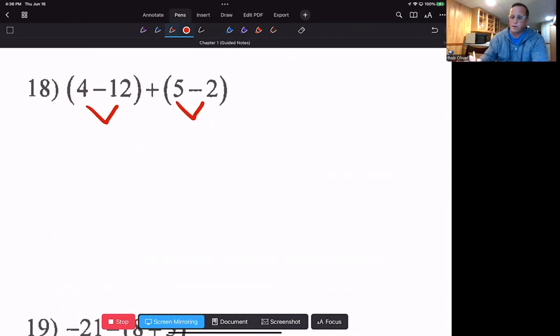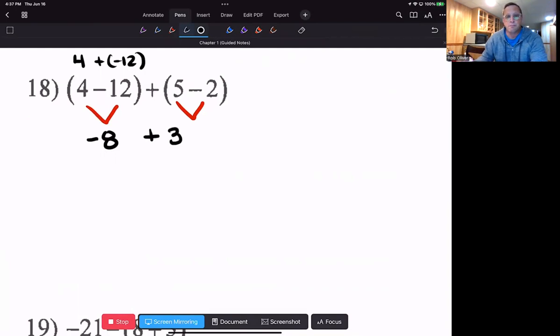So 4 minus 12 is the same thing as 4 plus negative 12, right? Which is -8. And then 5 minus 2, you don't have to overthink that. That's 3. So -8 plus 3 is -5. You can also think of that as 5 plus -2.